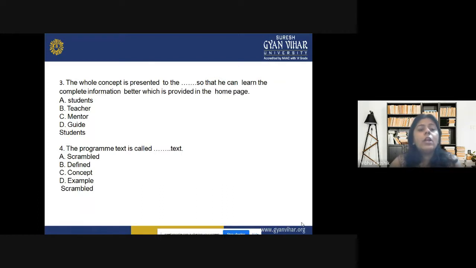Now the third one: the whole concept is presented to the dash.